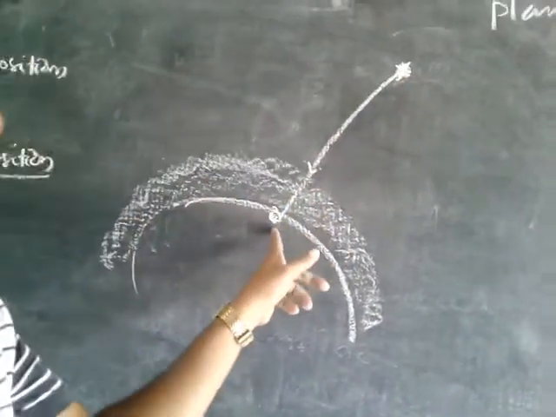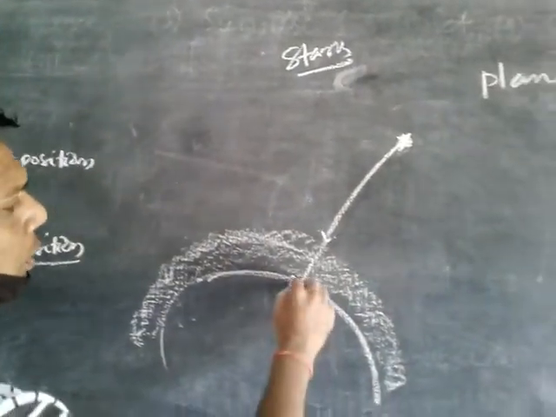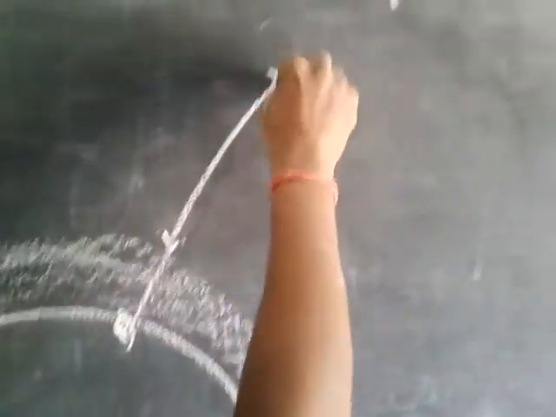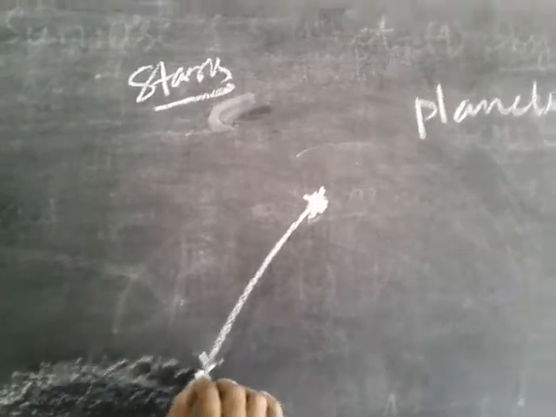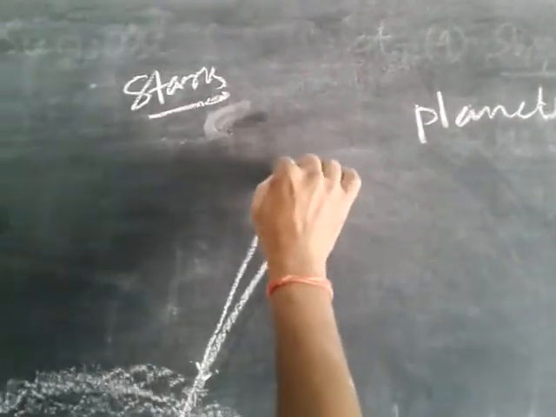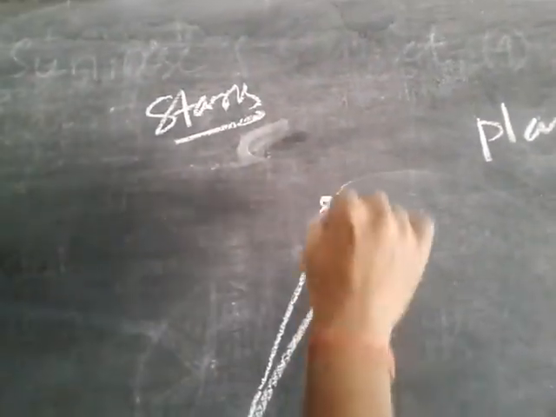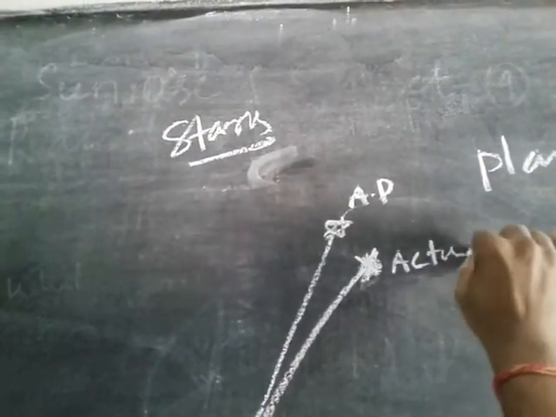But the person is able to see this star in a straight path, that means at this position. So this becomes the apparent position, and this is the actual position.